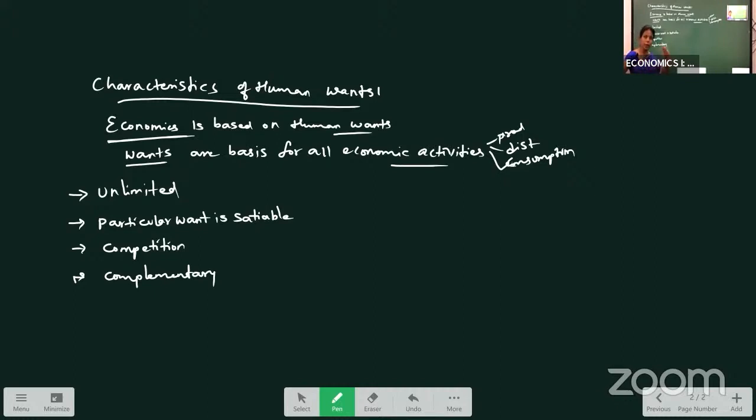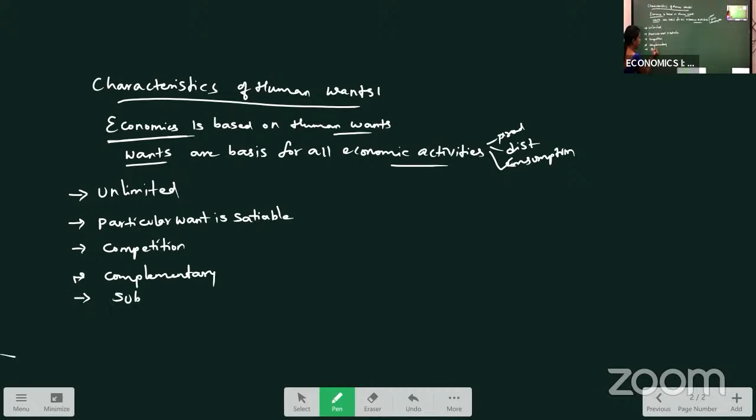You require paper, you require colors, you require a pencil. Paper, pencil, colors, these are all dependent on each other. That's why we say to satisfy one want, we have to satisfy another want. So wants are complementary in nature.